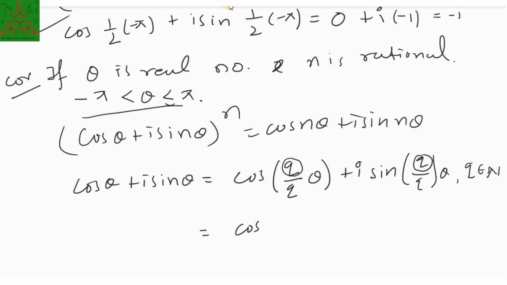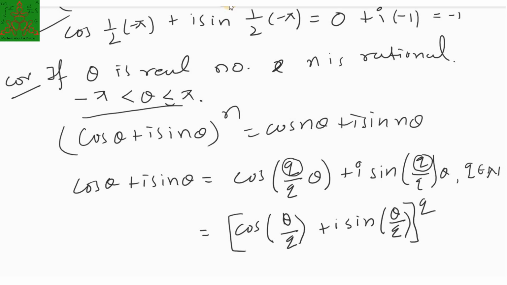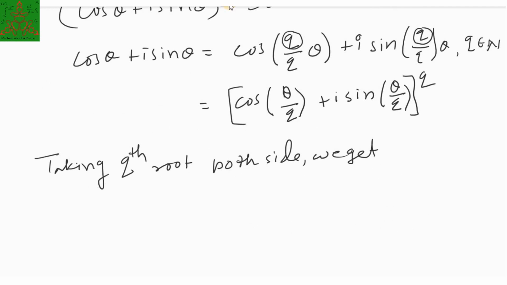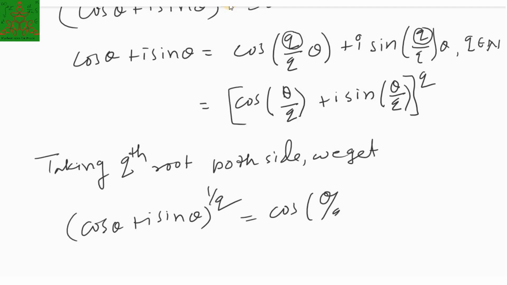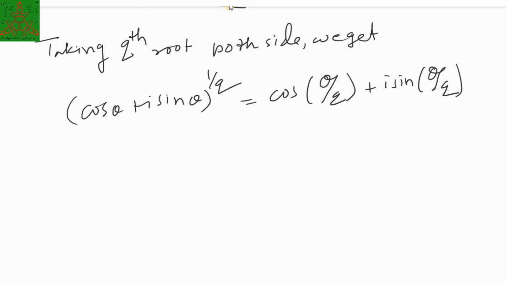By using de Moivre's theorem, we can write this as (cos theta by q plus i sin theta by q) whole power q. Now taking the qth root on both sides, we get (cos theta plus i sin theta)^(1/q) equal to cos theta by q plus i sin theta by q.